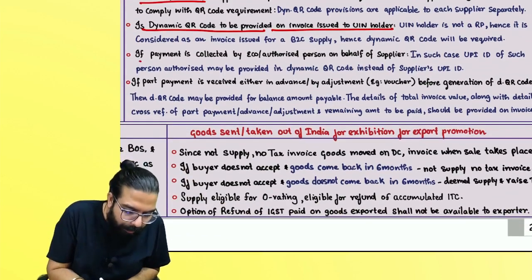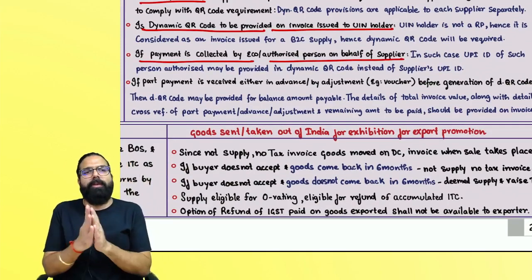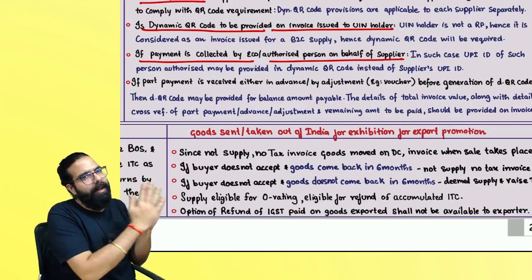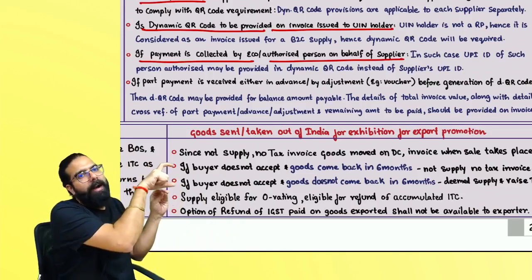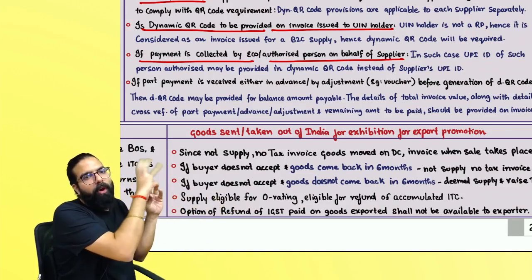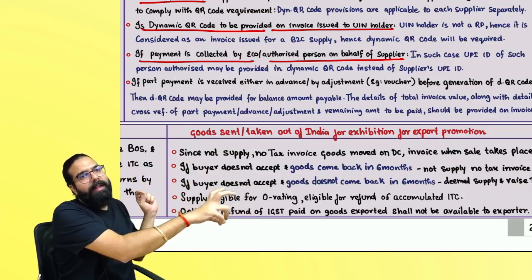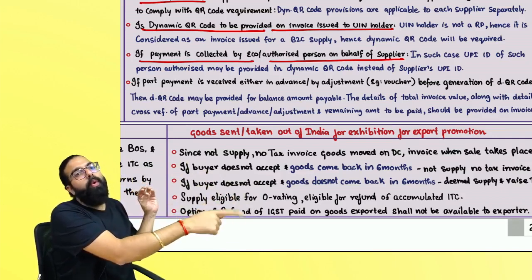The next one is, if payment is collected by an e-commerce operator or another person authorized on behalf. Sir, supposing I have made a sale through Flipkart and Flipkart is collecting the amount. So the dynamic QR code, Flipkart will give it when the person comes to collect from you, or maybe the invoice is given to you. In that scenario, in the dynamic QR code, who will collect the payment?